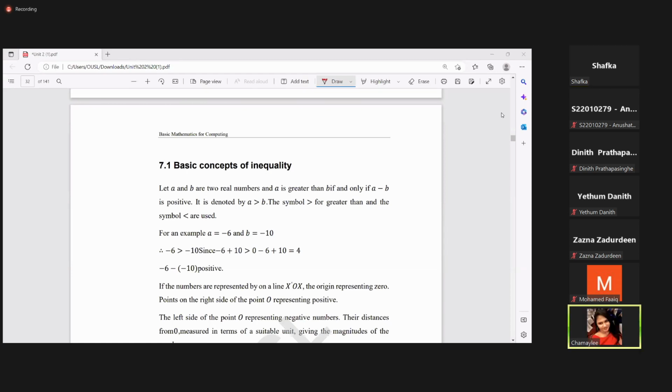3x minus 2 is greater than or equal to 5. Yeah, that's also an algebraic expression. In real world situations, how are we using inequalities? Marks.